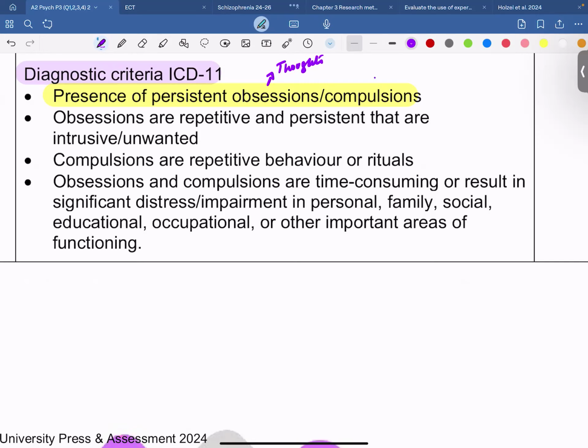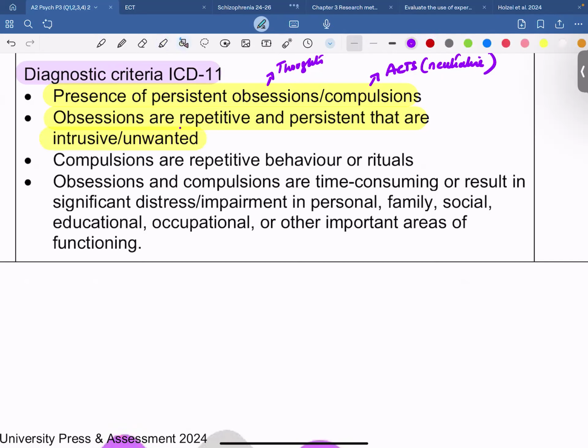Your compulsions are acts that you get involved in that you use to neutralize those obsessional thoughts. So the acts you are involved in to be able to neutralize those intrusive thoughts, you refer to them as compulsions.